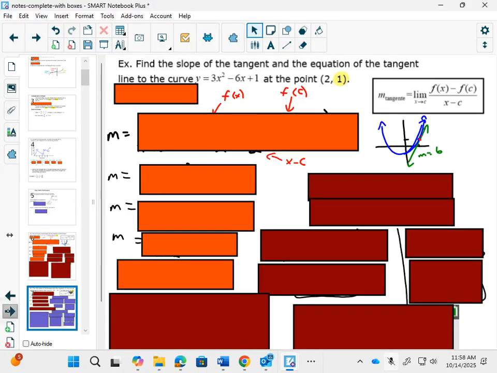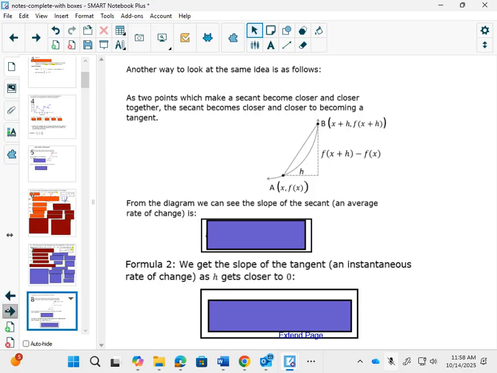Method number 2 looks at the same thing, but instead of taking one point as x and one point as c, you introduce a variable h as the distance between them, the horizontal distance between x and the other point. So if this point is x and this distance is h, does it make sense that this point is x plus h?